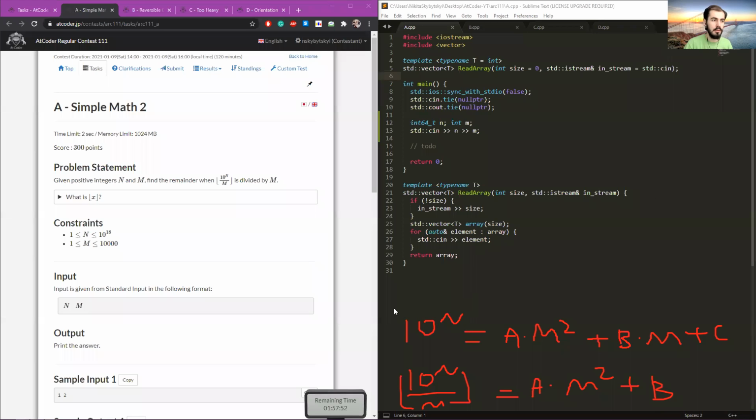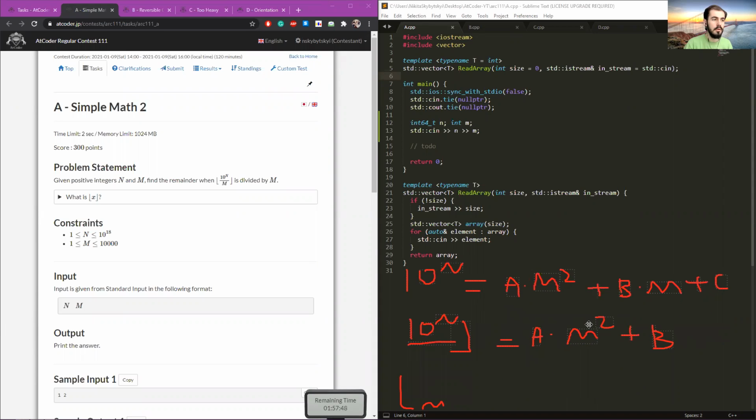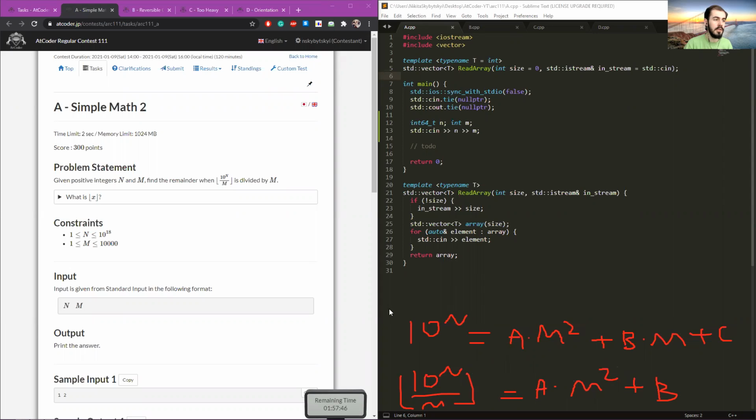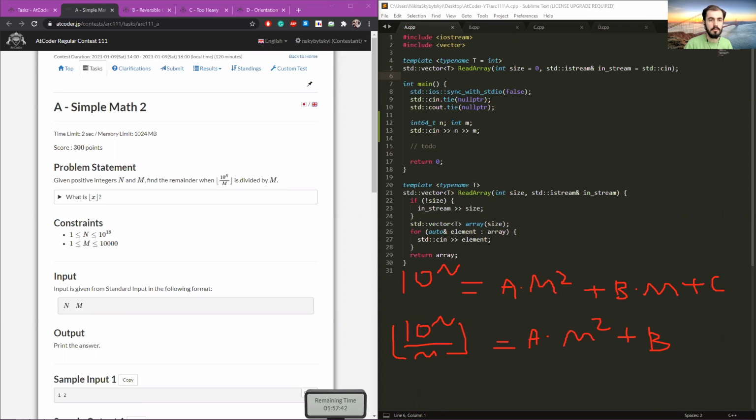And when we let this number be k, and we take k mod m, what is the remainder? Well, it's b, right?